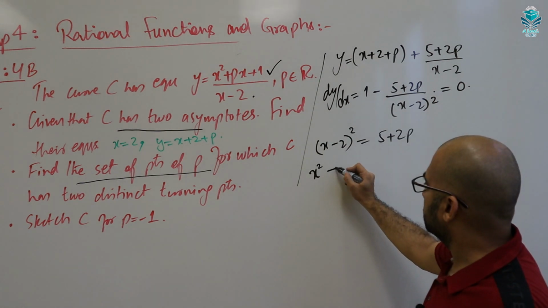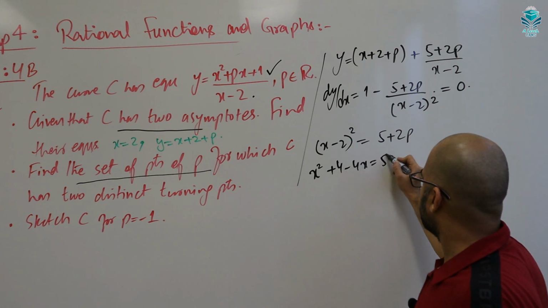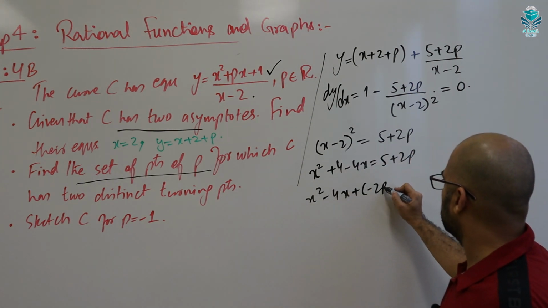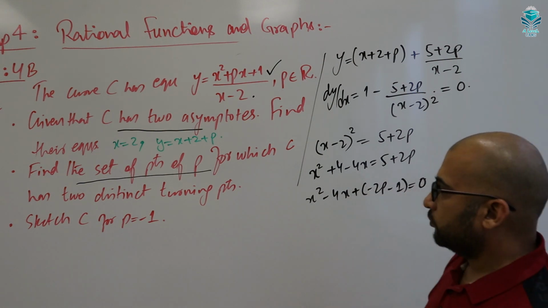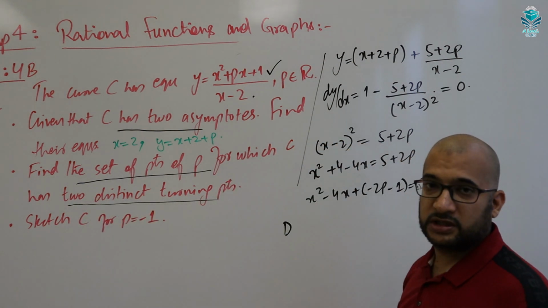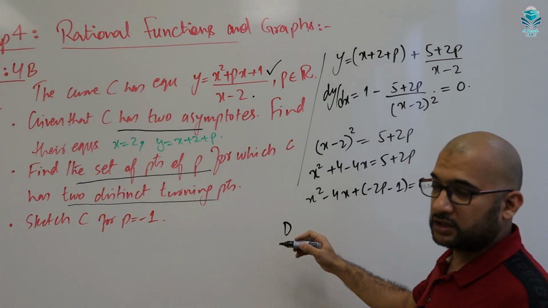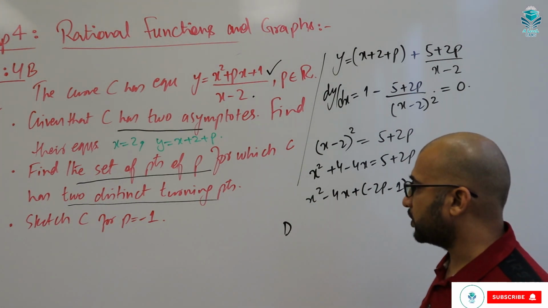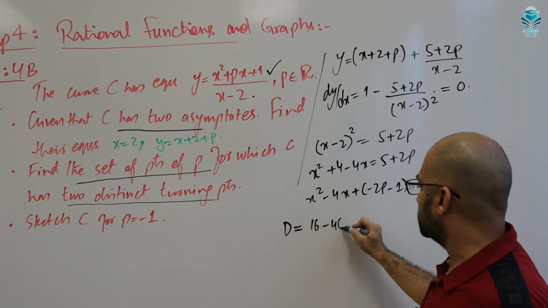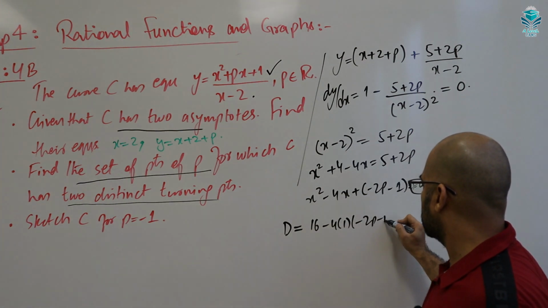We need two distinct turning points, which means we calculate its discriminant and the discriminant must be positive. The discriminant value is b² − 4ac.